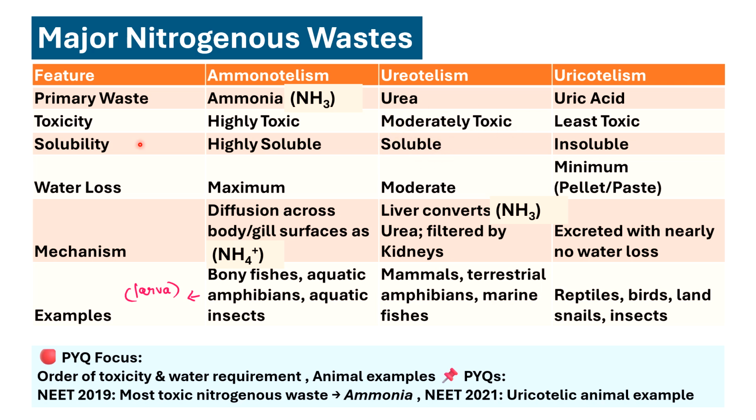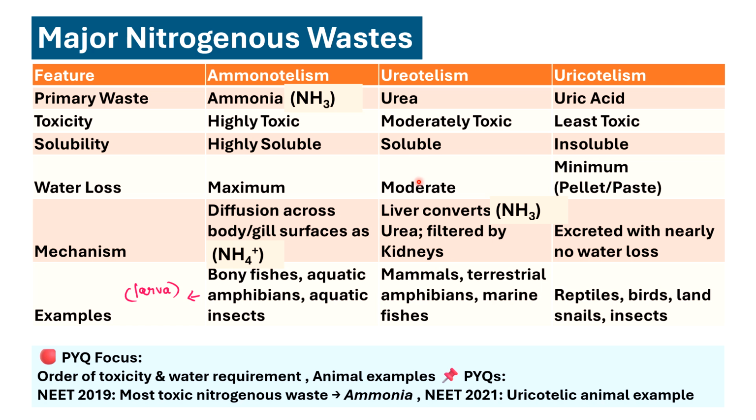Now let's see solubility and how much water is required to expel the byproducts. Ammonia is highly soluble in water. That's why it needs maximum amount of water to release as a byproduct. Urea is moderately soluble in water.